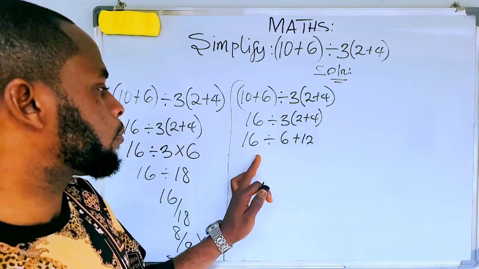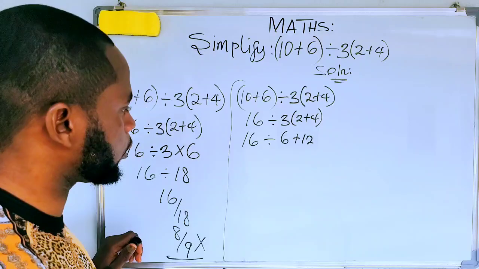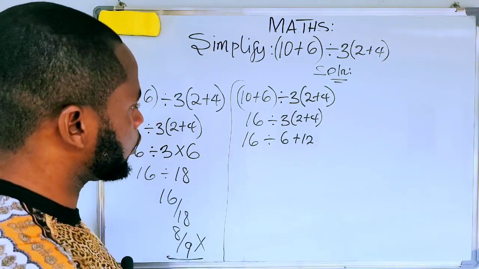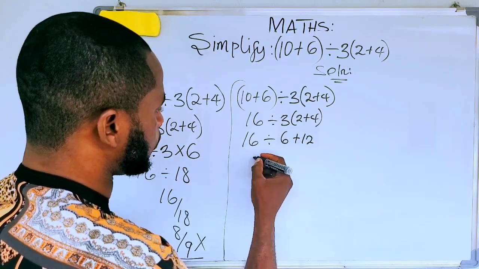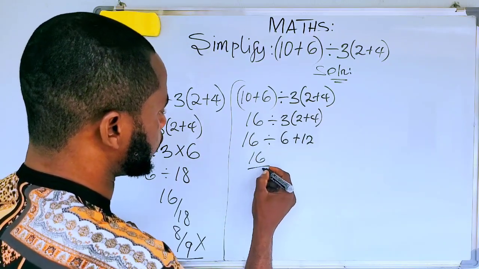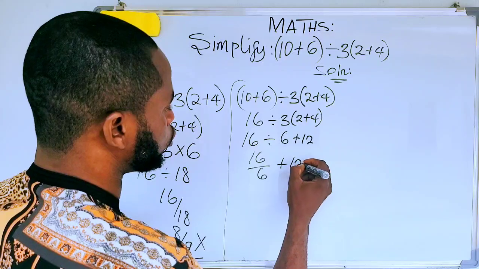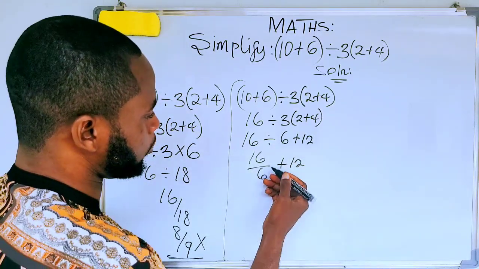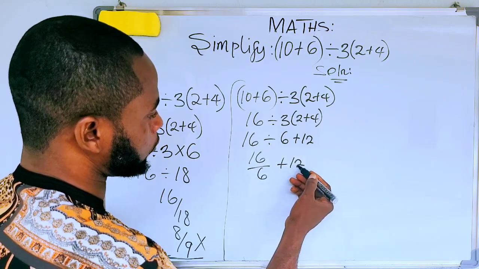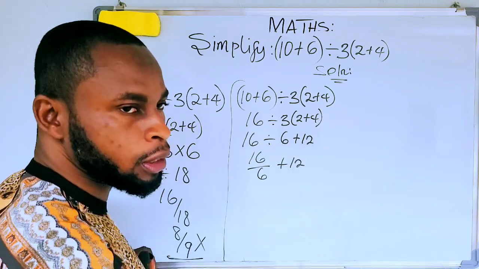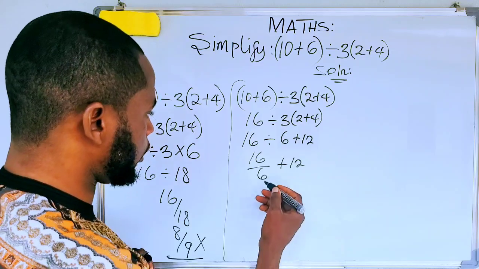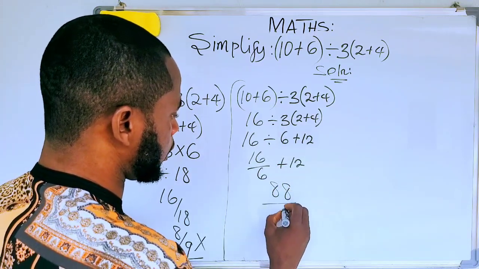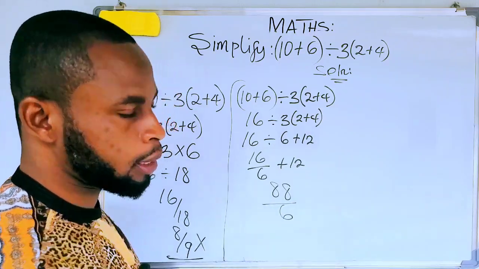Then at this point, we have this 16 divided by 6. This can also be written as 16 all over 6, then plus 12. Then at this point, to simplify this, we have 6 times 12, that's 72, then plus 16, that gives 88, divided by 6.